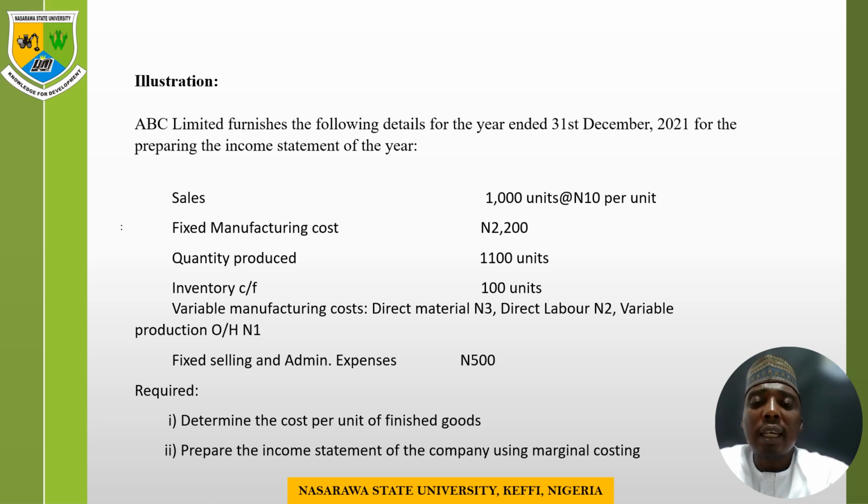2,200. The variable costs comprise direct materials, which is expected to be incurred at 3 naira each, direct labor at 2 naira each, while variable overhead cost is 1 naira each. Then the question is to determine the cost per unit of finished goods, bearing in mind that the fixed selling and administrative expenses is 500 naira.